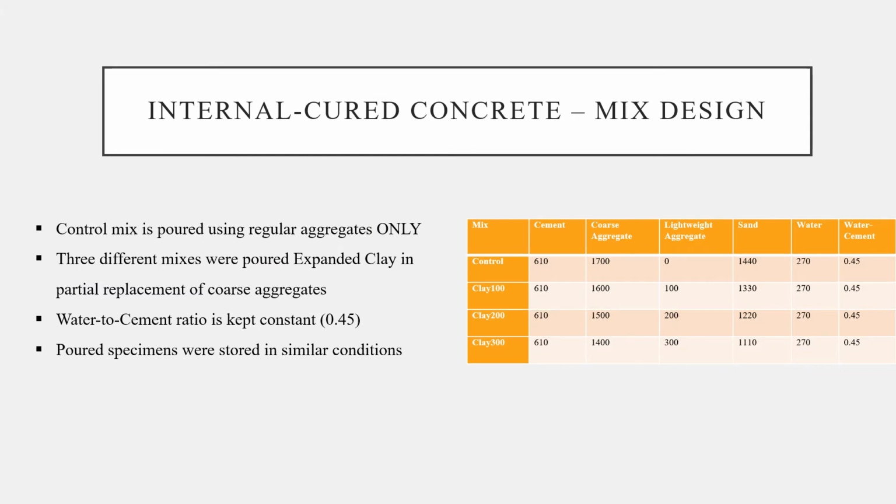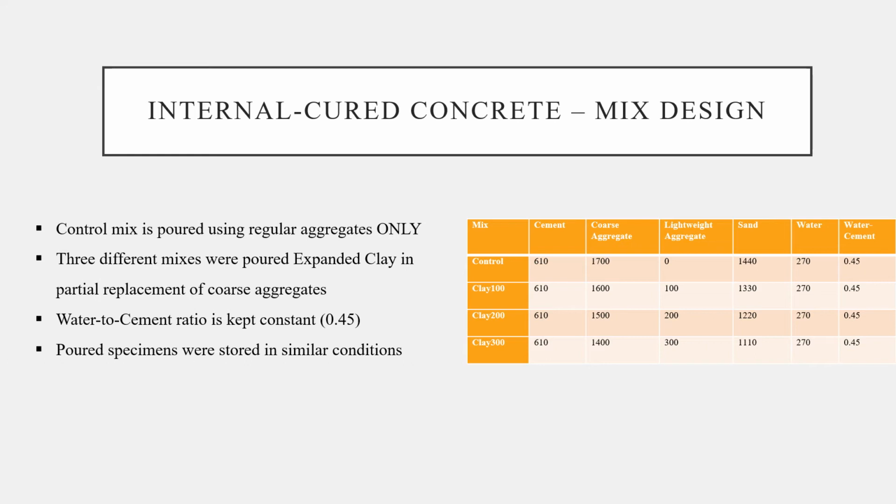In my research, I produced multiple mixes. The first mix is a control mix, targeting a regular strength of 7,000 to 9,000 pounds per square inch for a 4x8 cylinder. The water-cement ratio is kept at 0.45, the weight of water to the weight of cement. Then Clay 100, Clay 200, and Clay 300 are three developed mixes using lightweight expanded clay in partial replacement of coarse aggregate.